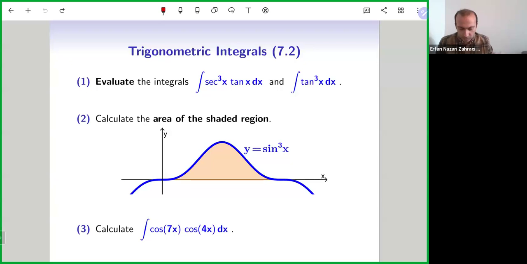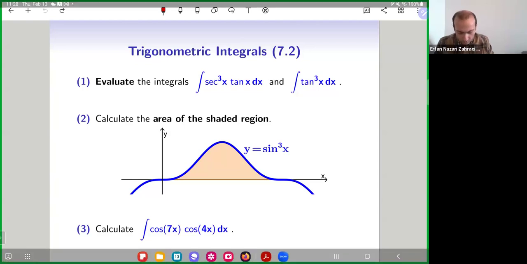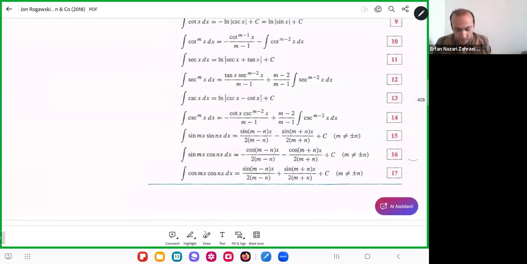It's nothing. You just put the formula in front of you and write down the answer. So let me show you the formula. These are the formulas that I'm talking about. Formulas 15, 16, 17 in the textbook. In this case, it's one of them. We had cos, so it's number 17 that we should use.